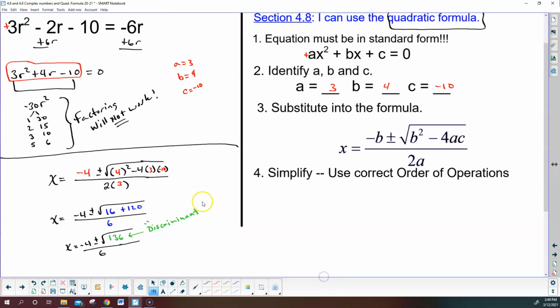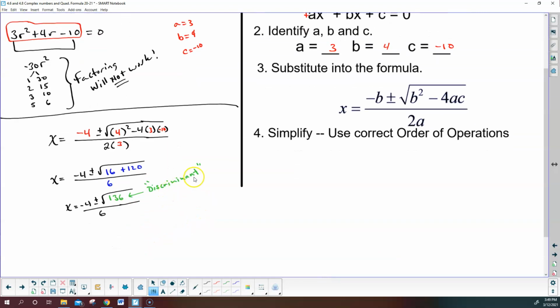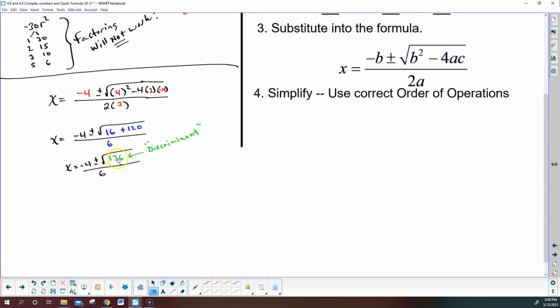That's called the discriminant. We're going to talk about the use of that in a different section. But what I want you to notice is that it's positive, which means I can take the square root of that no problem. Now, what we're going to talk about is the square root of 136, right? We want to break that down just like we did in geometry, where I want to see what's the largest perfect square that goes into this number.